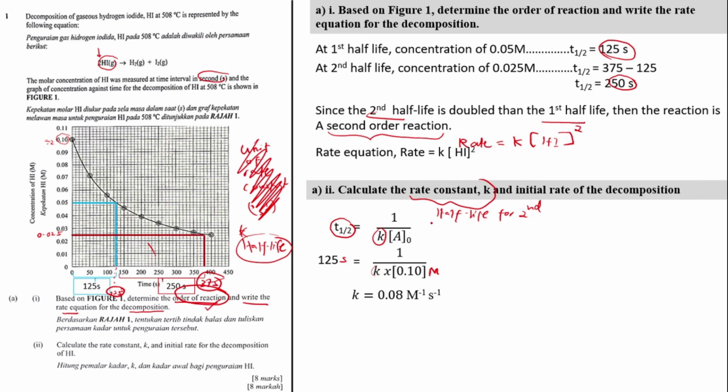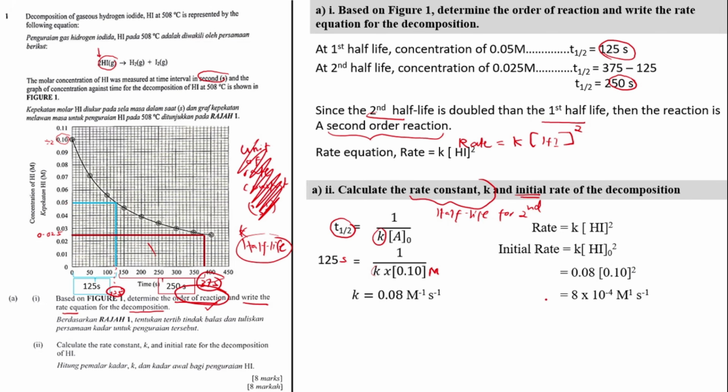And now we're going to determine the initial rate for the decomposition. We put rate equal to k[HI] to the power of 2, similar to the one we have written. But now they are talking about the initial rate, so initial rate is equal to k, the rate constant, times [HI] at the beginning, at the initial stage. So our initial rate is equal to 0.08 per molar per second, multiplied by our initial concentration of HI, which is 0.10, to the power of 2.